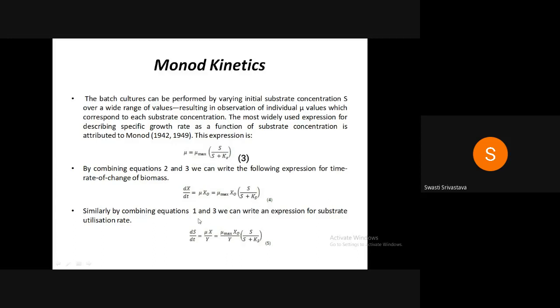Similarly, if we combine equations 1 and 3, we can write an expression for the substrate utilization rate, that is, at what rate the substrate is being consumed. That gives you the relation ds/dt = mu x/Y = (mu max x0/Y)(S/(S + Ks)).